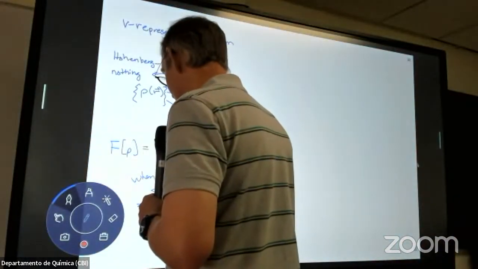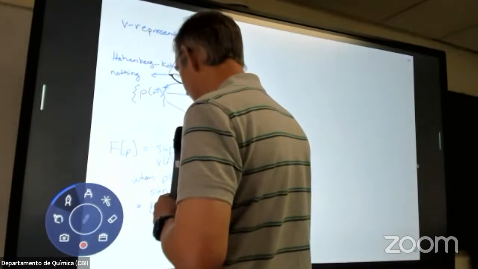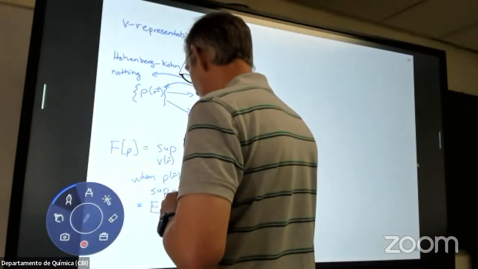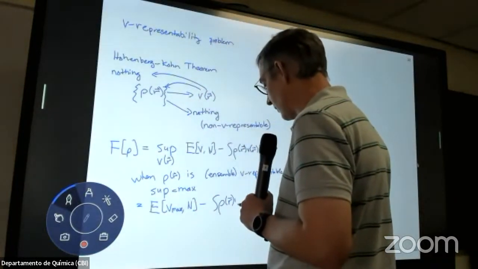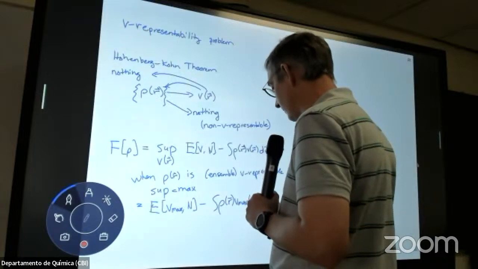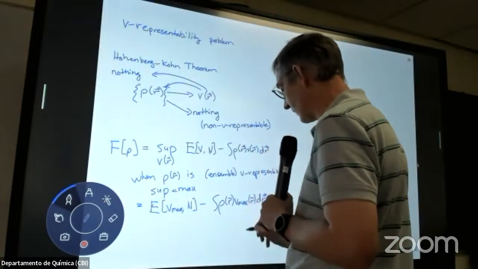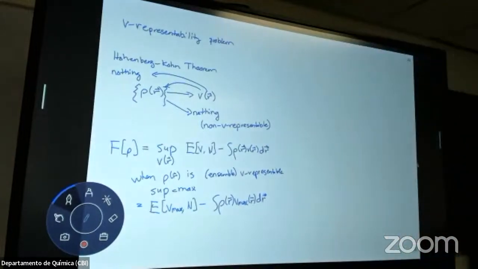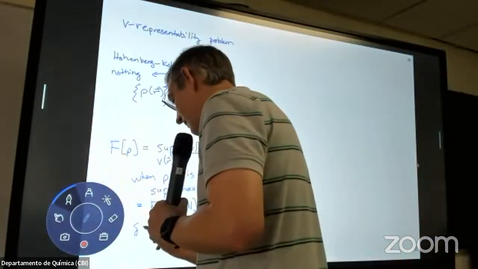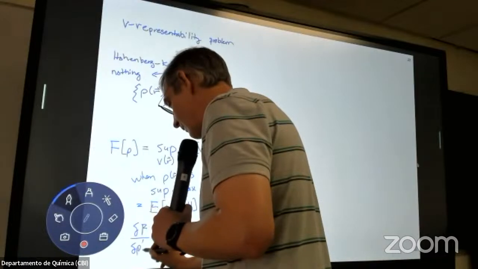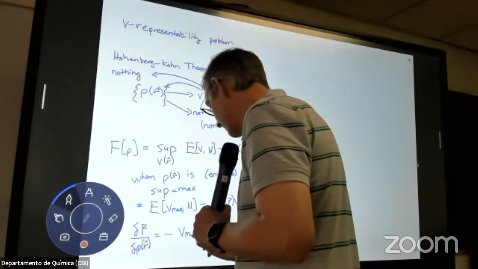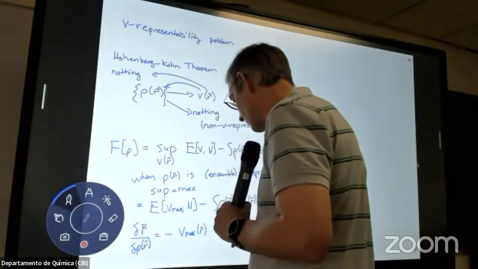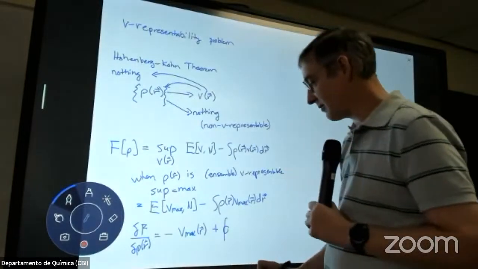So in that case, F of rho is E of V max, n, minus the integral of rho of r, like this, right? And the beautiful result for this then is that I can say that dF/d rho of r is minus V plus n, right?